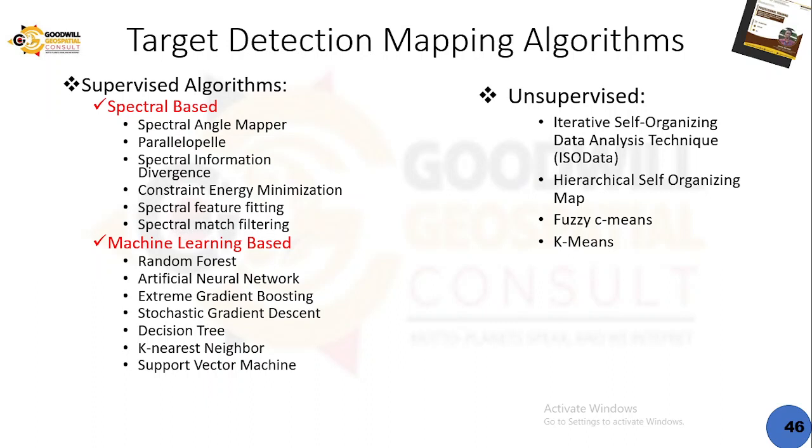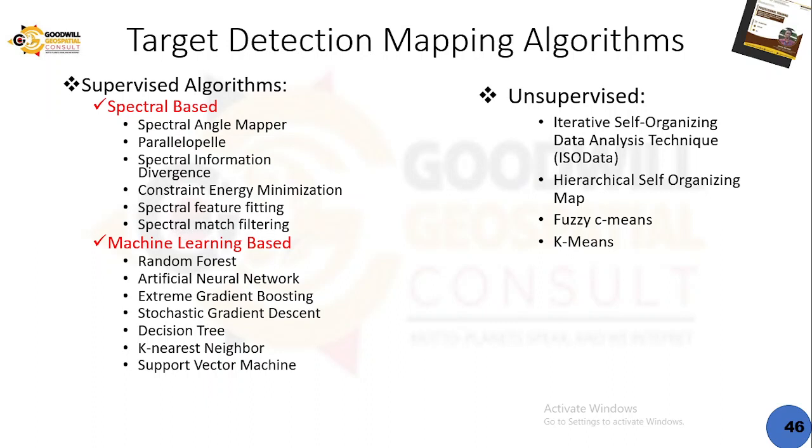For the supervised, random forest, artificial neural network, extreme gradient boosting, stochastic gradient descent. We have the group method of data handling. We have the family of decision trees. Then we have the nearest neighbor, the k nearest neighbor algorithm. Support vector machines.